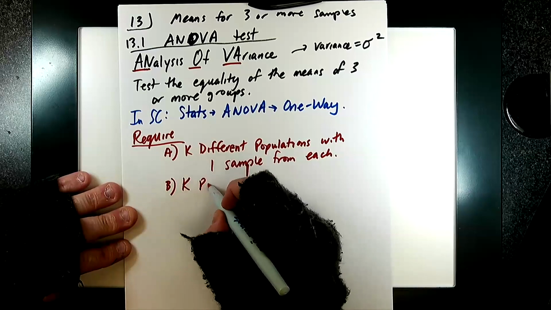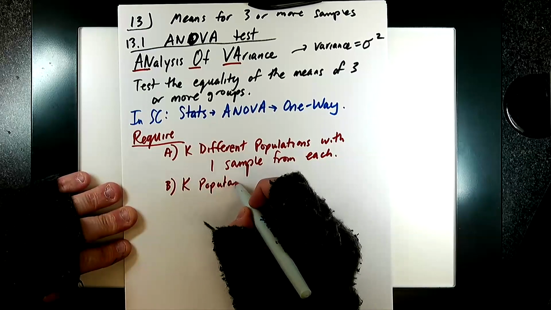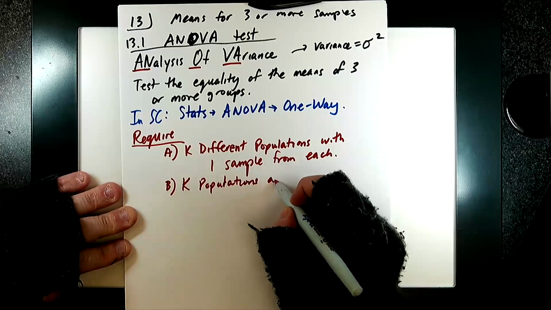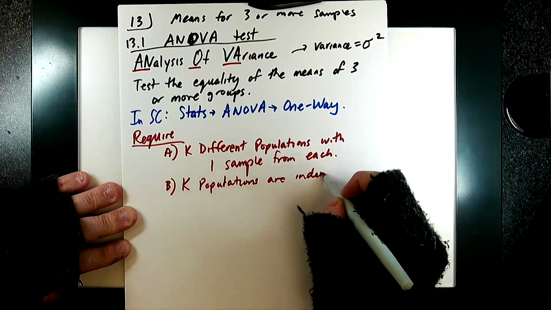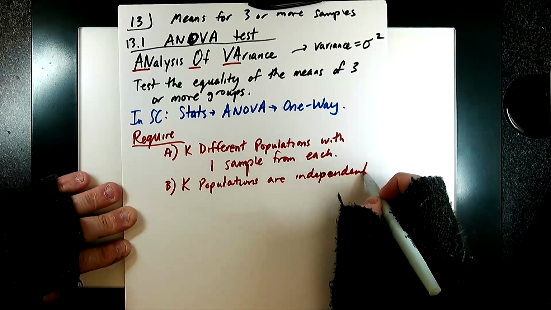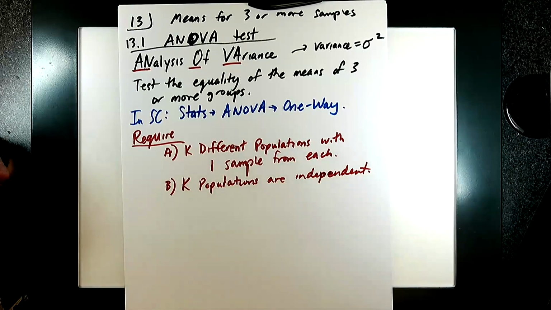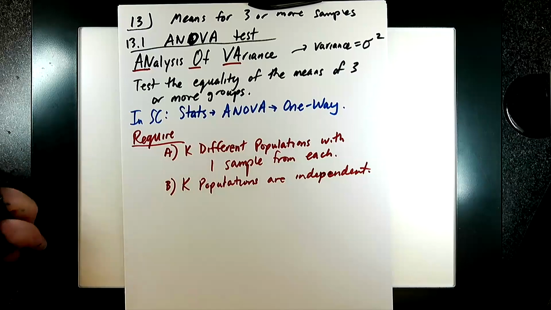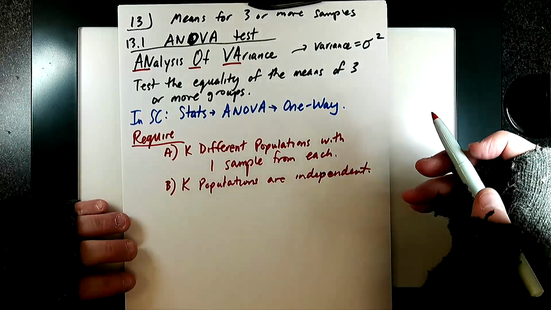The k populations are independent. What I mean, well, k is a substitute for a number here. So like 3 is the smallest k could be. 3 different populations is the smallest, but we can do 10 different populations. All the populations have to be independent.